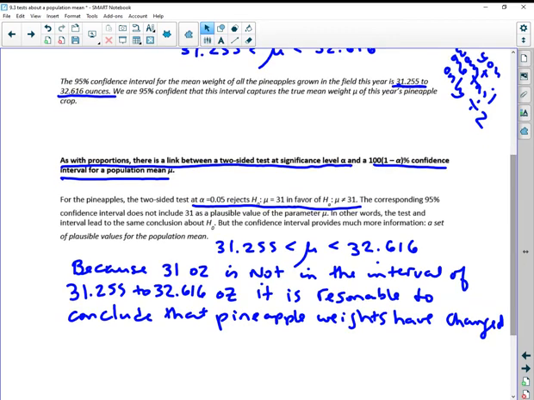And you're going to see a relationship between the tests and the confidence intervals that they're going to match up.